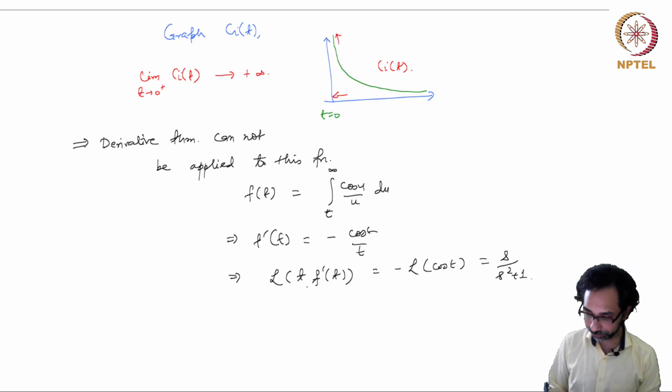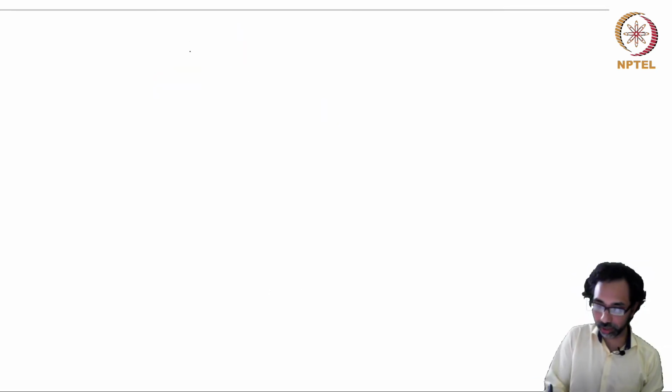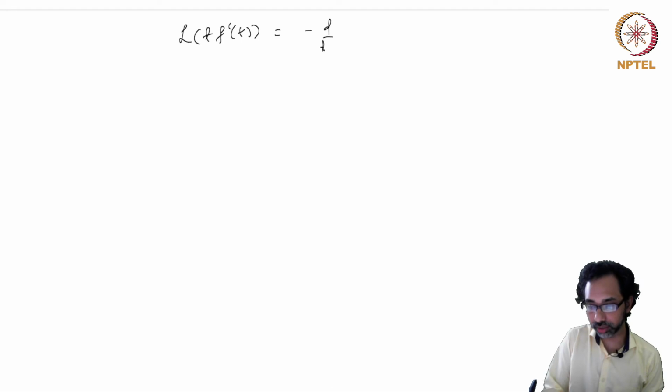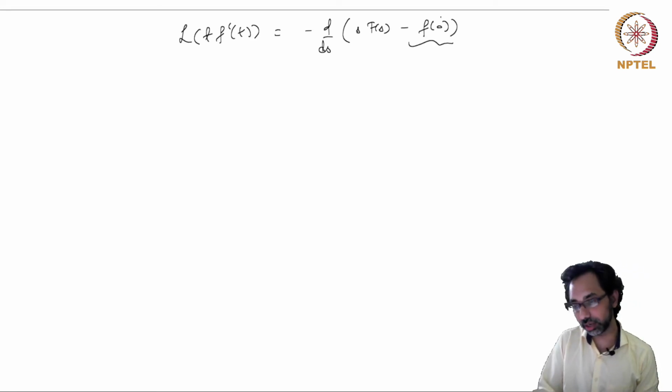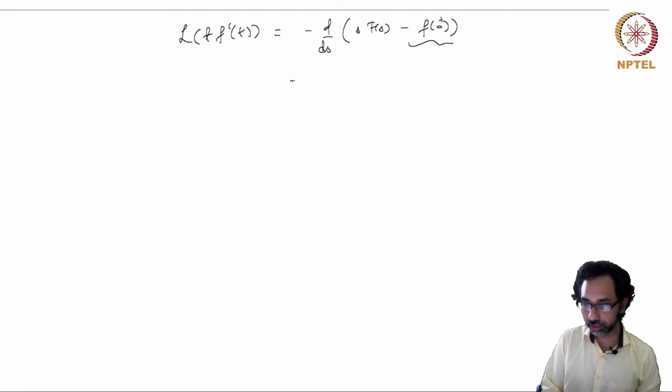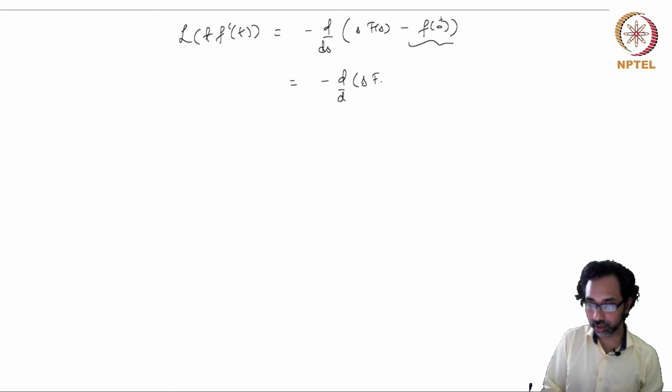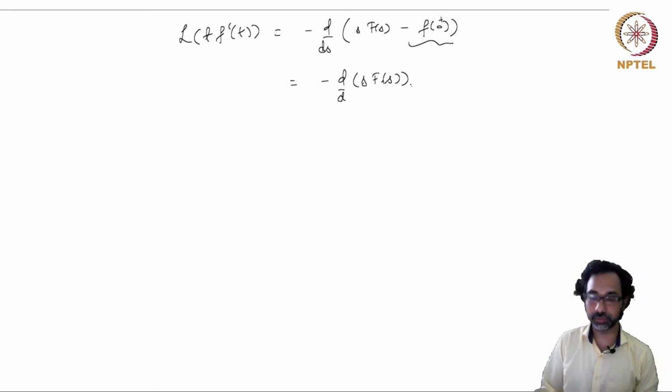But on the other hand, they use the derivative formula. So the Laplace transform of t f prime(t), they use it as minus d over ds of s F(s) minus f(0), and they treat this limit f(0 plus) as a constant, and they simply write this as minus d over ds of s F(s).